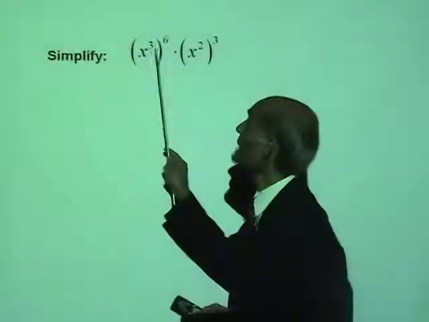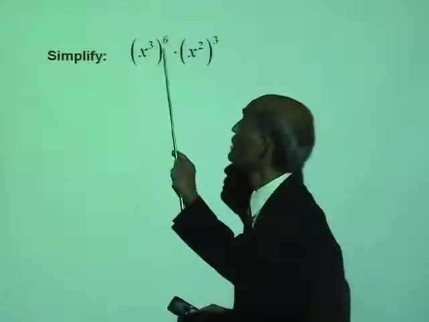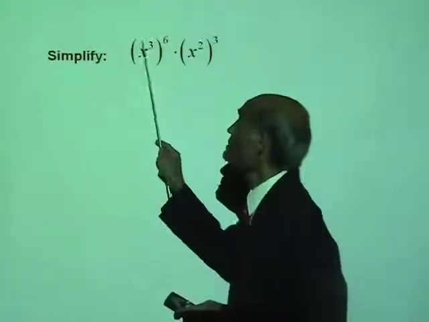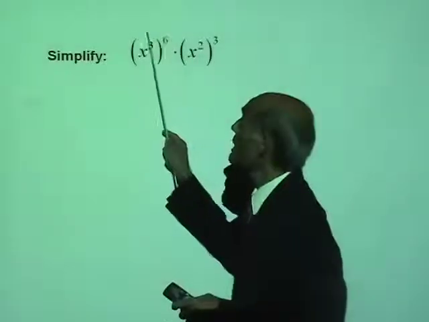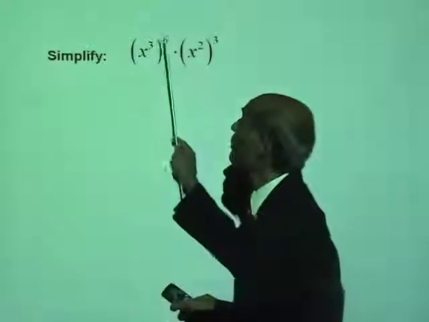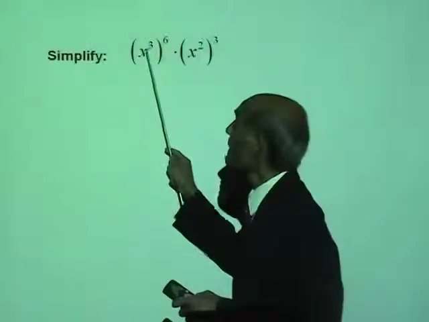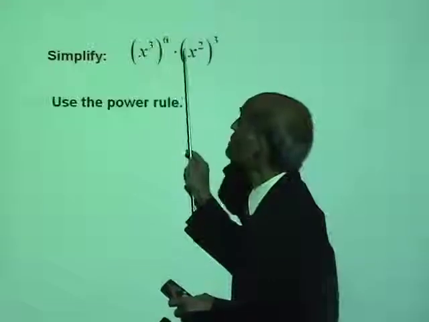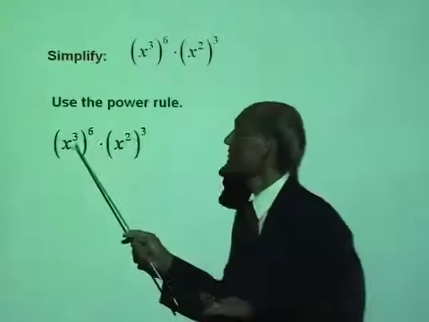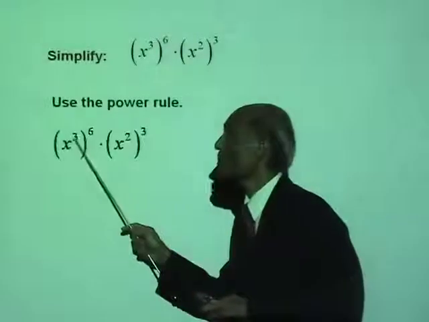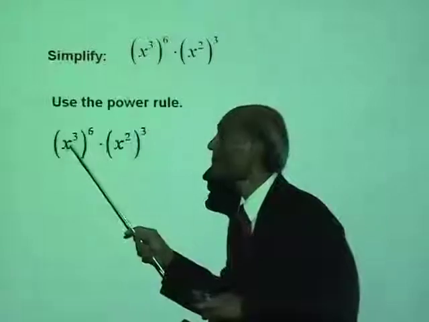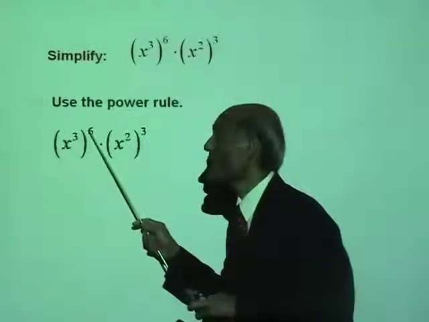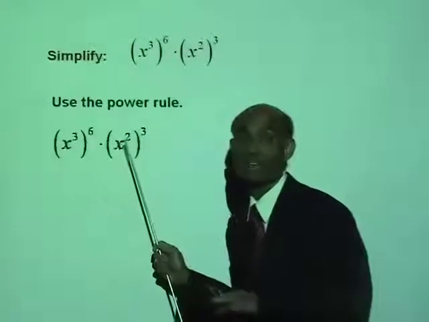If you watch here, the first expression is an exponent raised to a power. So use the power rule to simplify this. What is x to the power of 3 raised to the power of 6? That will be x to the power of 3 times 6, 18.